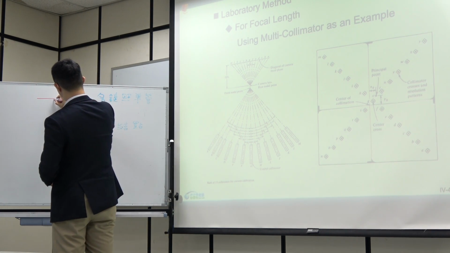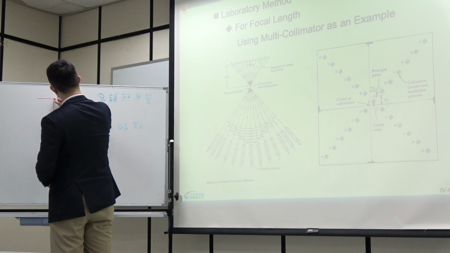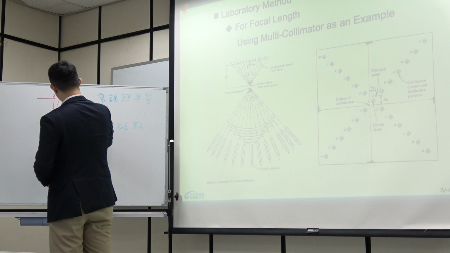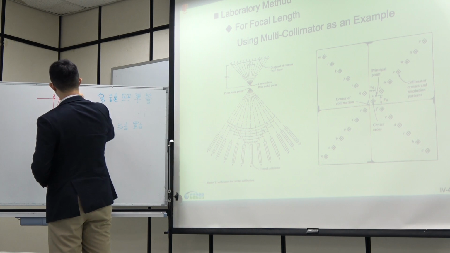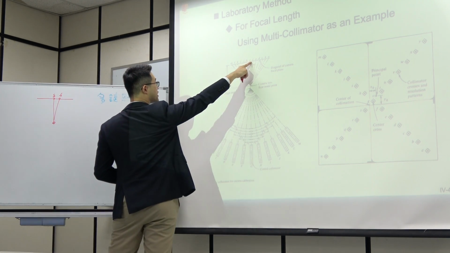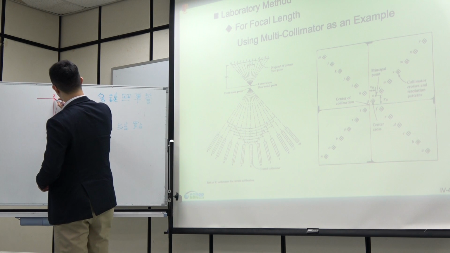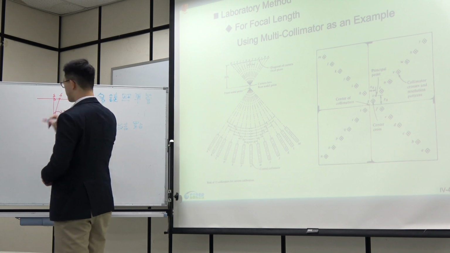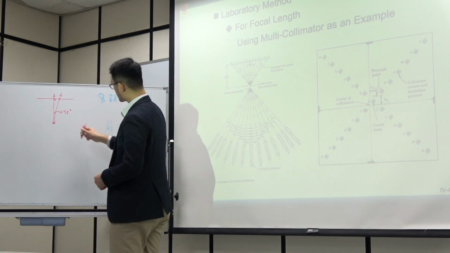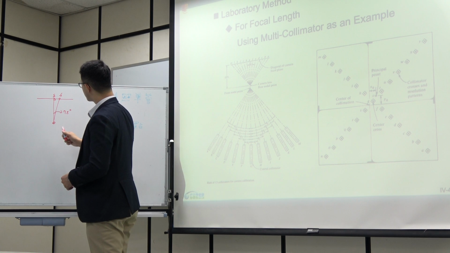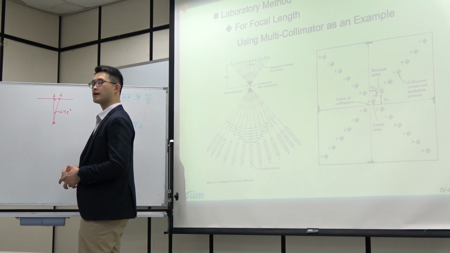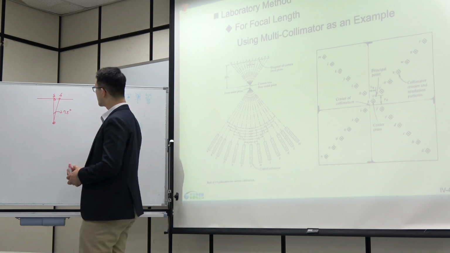If you draw a figure like this, here is G, and here is F. This is perpendicular over here, and this angle is 7.5 degrees.